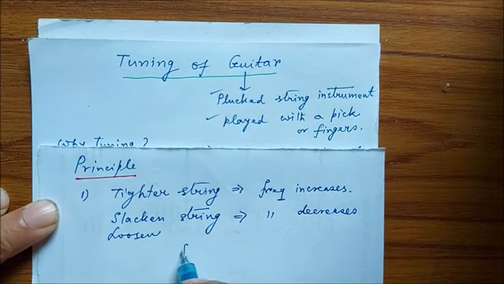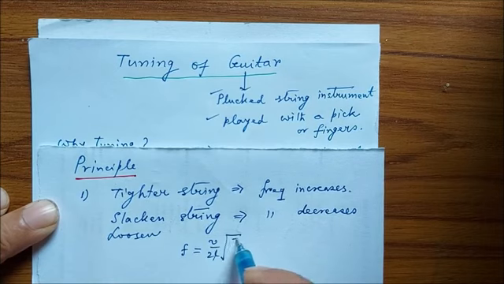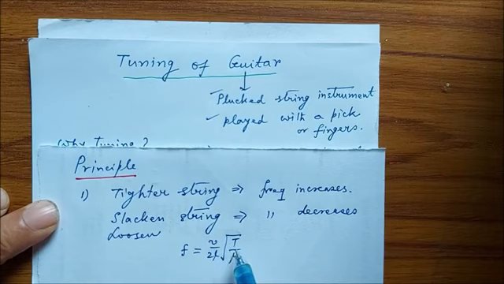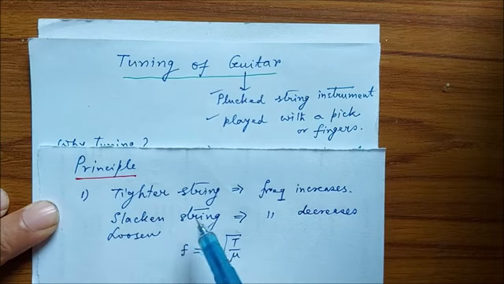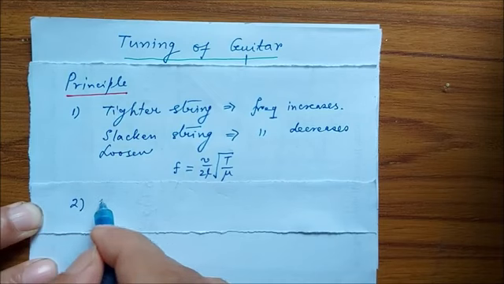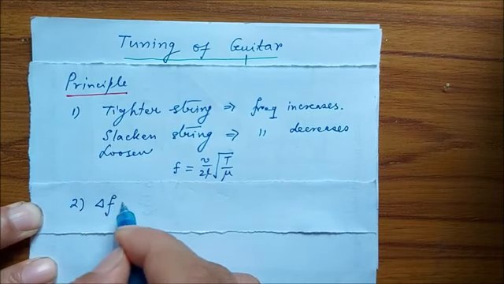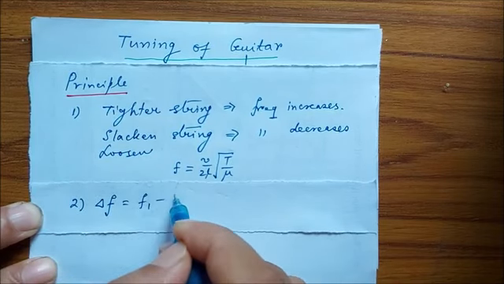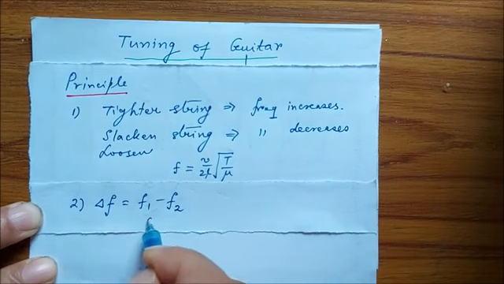So all this depends upon this formula. So frequency is proportional to under root the tension, which is associated with how much tight or slacken a guitar string is. And number two is the number of beats heard, which is the difference of the two component frequencies.